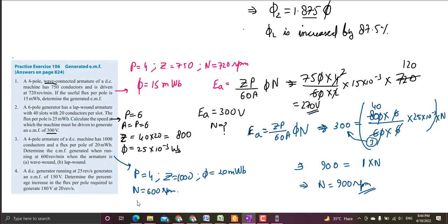For the first one, wave wound, A is equal to 2.